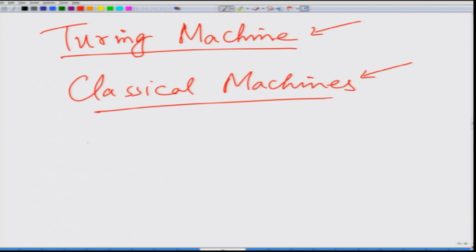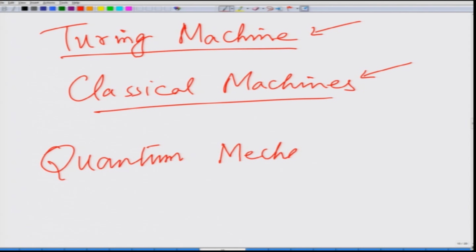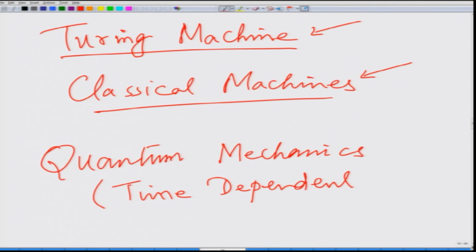But for going ahead, what we now need to do is to look at quantum mechanics, more importantly a time dependent equation of motion.